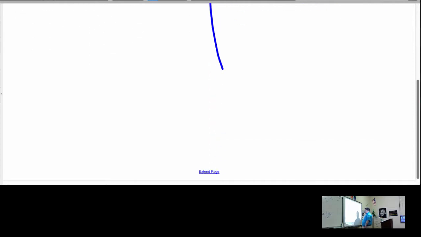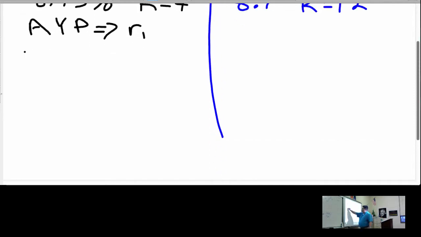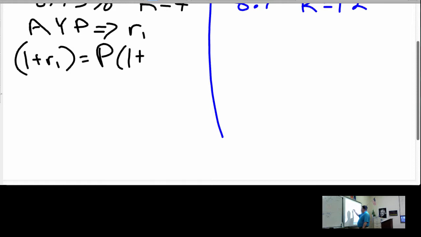So we're going to say 1 plus this rate is equal to whatever the principal is, 1 plus the rate, which is 0.0875 all over 4, because it's compounded 4 times, and then we'll do it after 1 year, so it's 4 times 1, right?